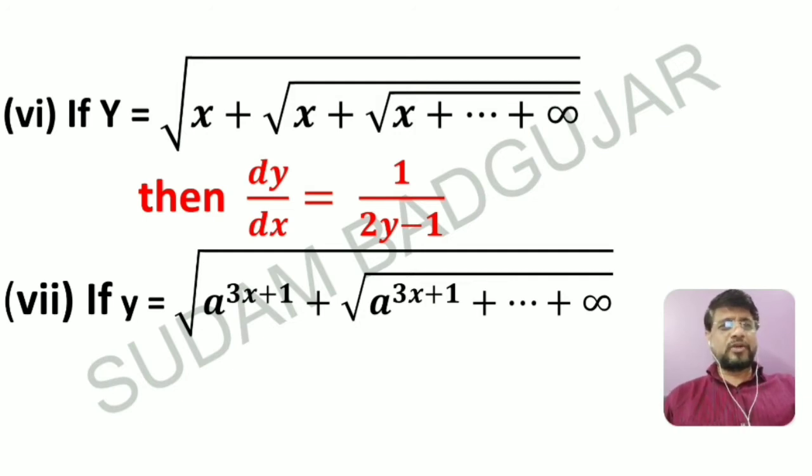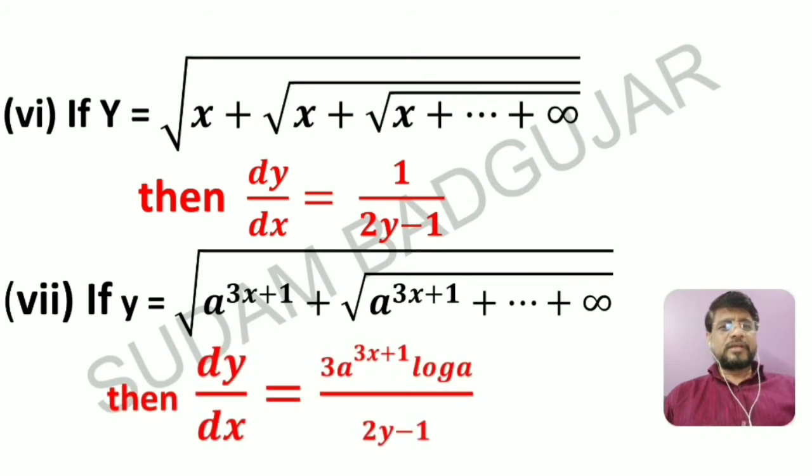So here dy by dx is equal to 3 into a raised to 3x plus 1 into log a upon 2y minus 1. It's very simple. What is the derivative of a raised to 3x plus 1? That is a raised to 3x plus 1 keep as it is into log a into the derivative of the power 3x plus 1. What is the derivative of 3x plus 1? That is 3 plus 0, means 3 is multiplied.